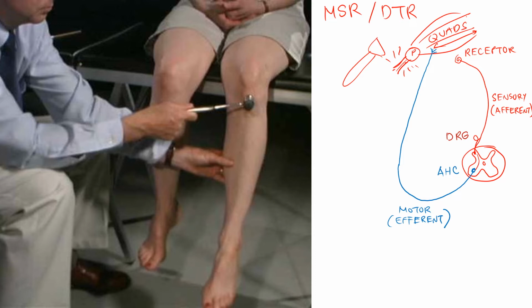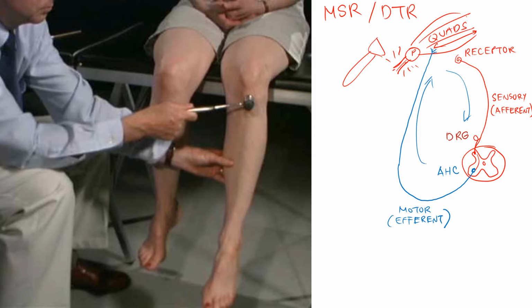Why is it that this reflex does not perpetuate itself? Because you might say, well, once you have a stretch, you have a receptor getting stimulated, and then you have your motor response, and then it will basically have a vicious cycle effect.